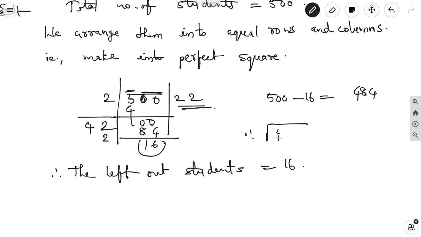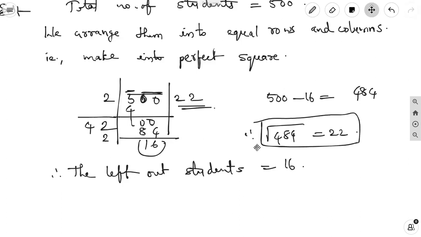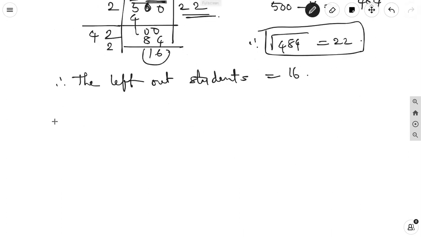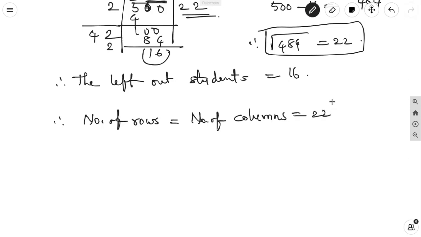Therefore, square root of 500 equal to, square root of 484 equal to 22. Therefore, how many rows and how many columns are there? Number of rows equal to number of columns equal to 22.